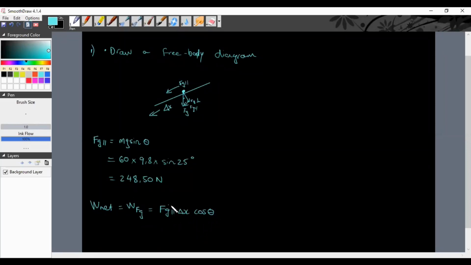I already worked out FG parallel, so that is 248,50 multiplied by the distance, which was equal to, did they mention that?